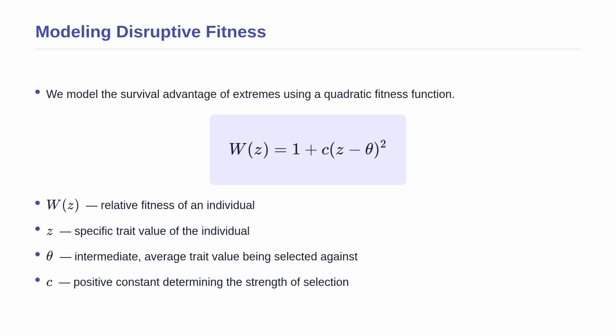The letter C is a positive constant for the strength of selection. Because the difference between Z and theta is squared, any deviation away from the average, whether positive or negative, results in a higher overall fitness.